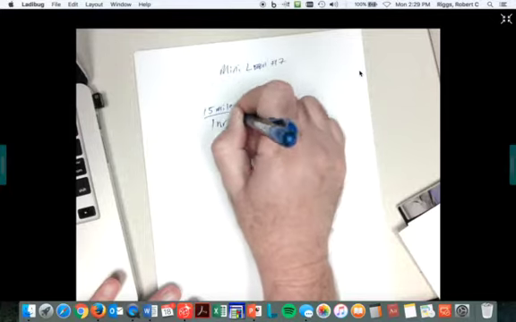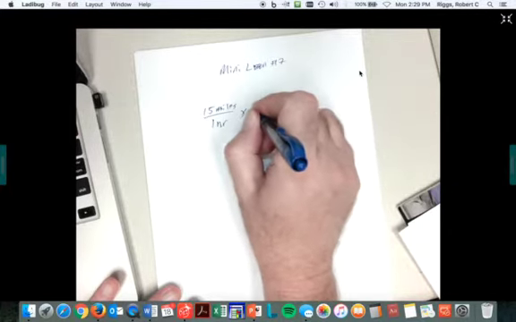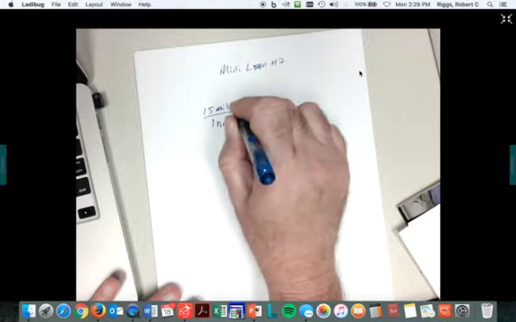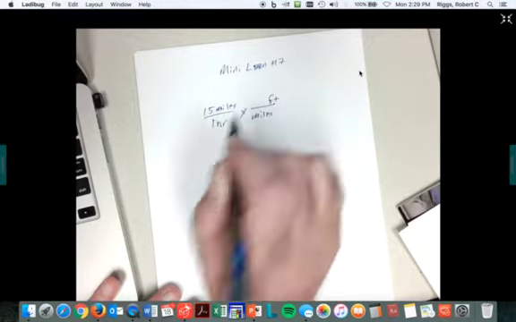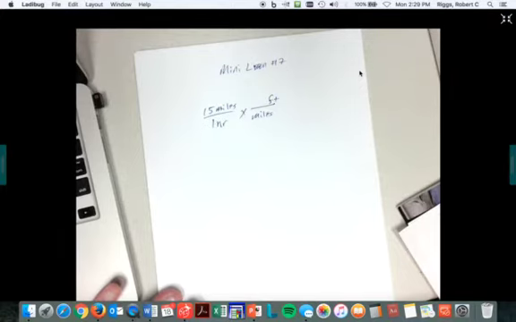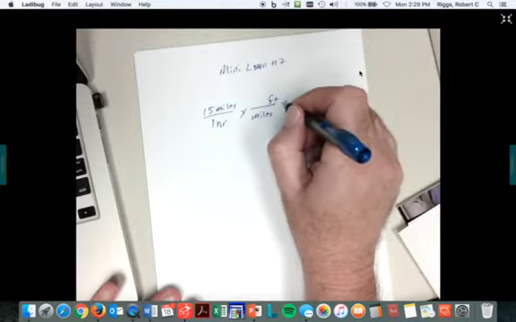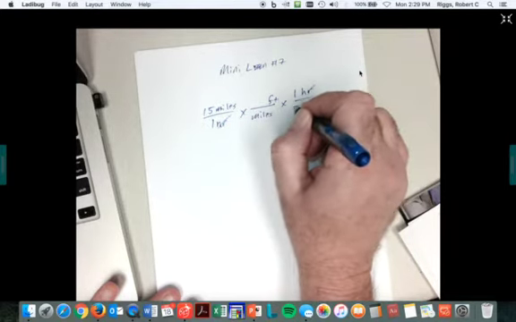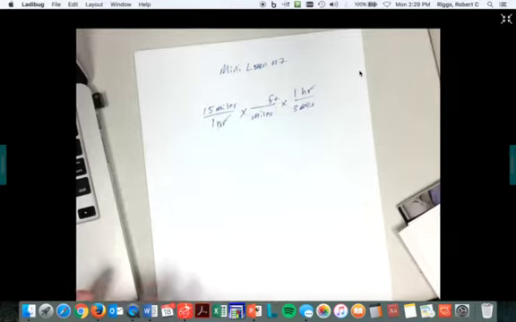What do I need to do? I need to figure out a way to get rid of the miles, so I'll put miles down here, but I need feet up here. How many feet are in a mile? We already talked about that. Then I multiply by a fraction, because I need to get rid of the hours down here so I can cancel them. We know that there are 3,600 seconds in an hour, so I put that in with the feet.